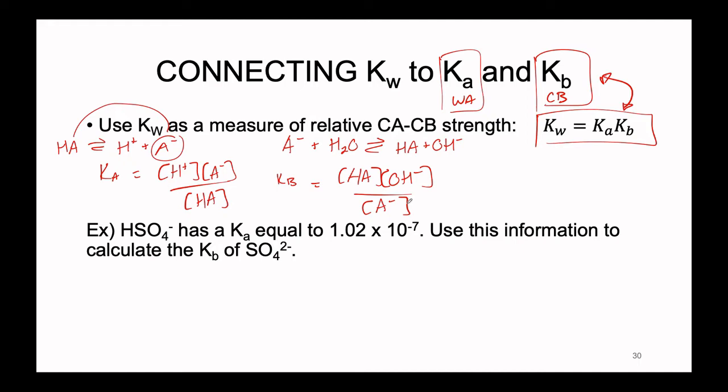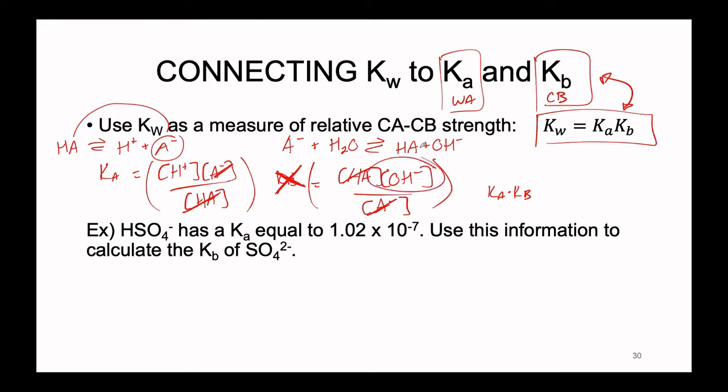All right, so if we were to take Ka and Kb and multiply them together, Ka times Kb, I'm just going to bracket these off. So we're looking at these now being multiplied together, this x being our multiplication symbol. We can see that the HA in the numerator on the right is going to cancel with our HA in the denominator on the left. Our A minus that is in the numerator on the left is going to cancel with our A minus that's in the denominator on the right.